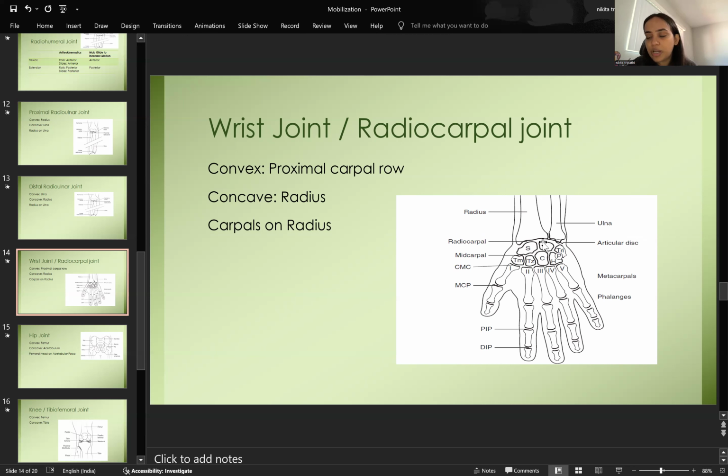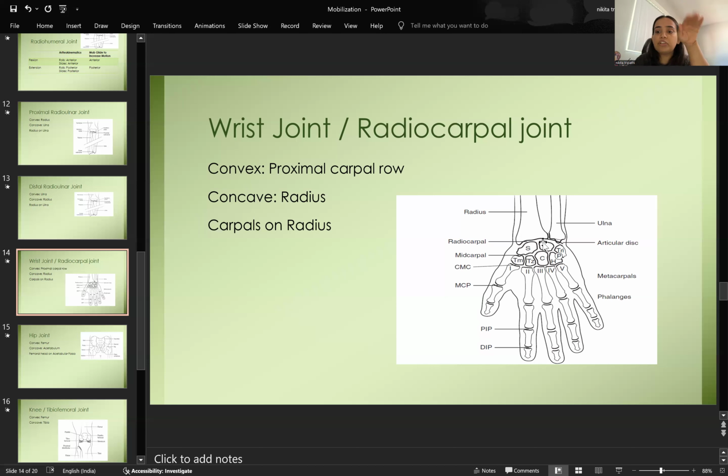So at wrist joint, convex is going to move on concave surface. Now, if the convex moves in the opposite direction, so what happened? I'm doing the flexion. I'm moving my joint in the anterior direction, forward towards the wall, because with flexion.